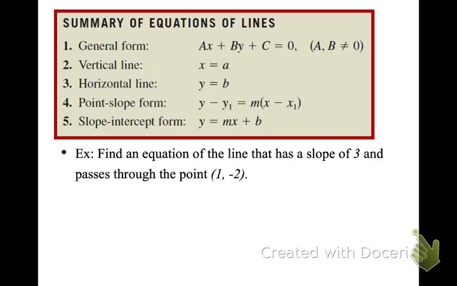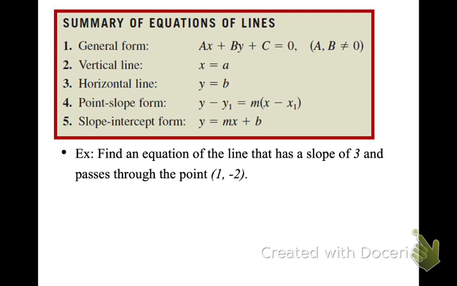Okay, so this is just how we name lines. You need to be aware, because with us doing online work, it's going to state how it wants the problem written, correct? So it's going to say general form.